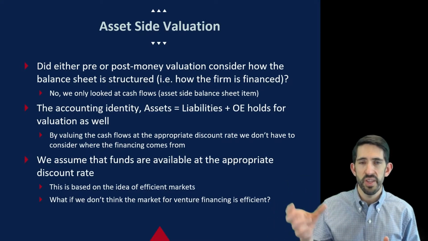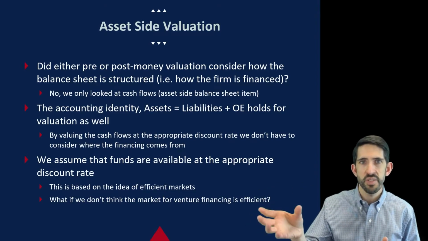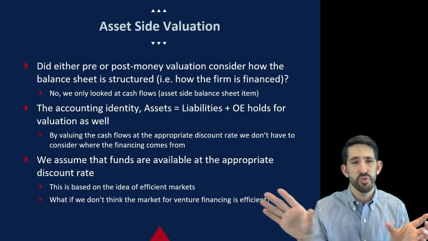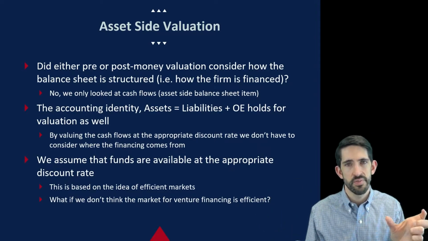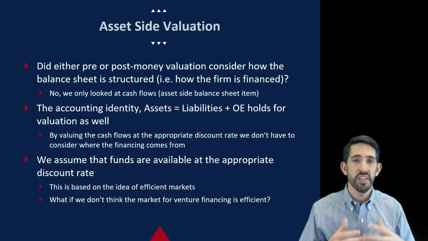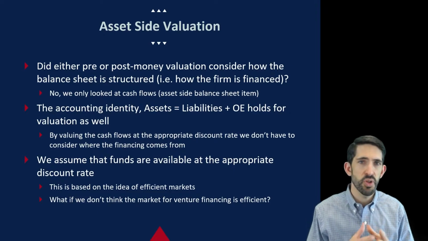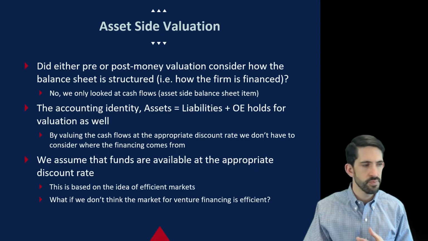So if we want to value the equity in the company, and we're an all-equity company, that equity, once we subtract liabilities, must be equal to the value of those cash flows, all right? So this is all predicated on this idea that we can get an appropriate discount rate, so we don't have to necessarily model explicitly where the money's coming from.